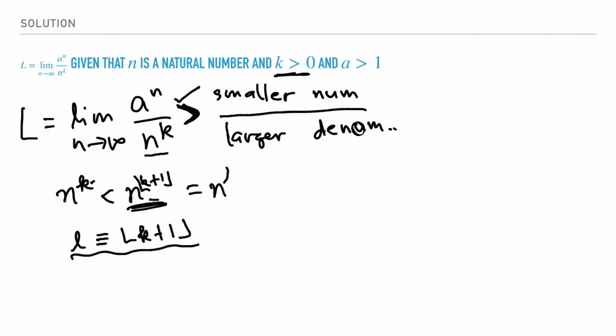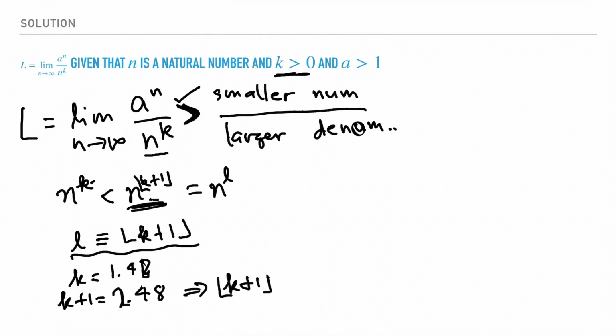Let me just write that again. For example, if k equals 1.48, then k plus 1 equals 2.48, and the greatest integer function of k plus 1, the floor, is just 2. So it just takes the integer and rounds it down. It doesn't matter what goes in the decimal part.